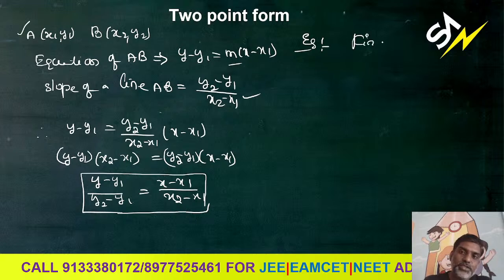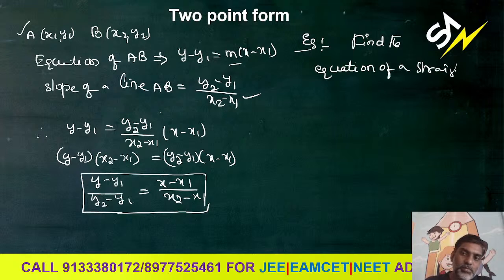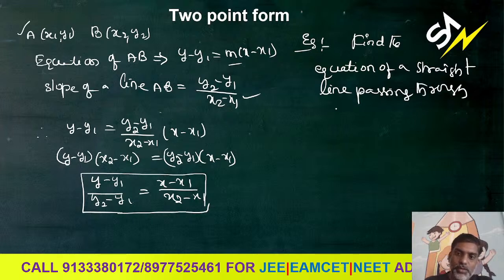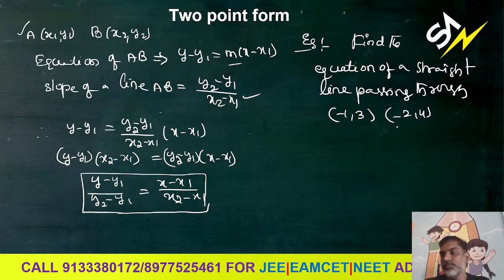Find the equation of a straight line passing through minus 1 comma 3 and minus 2 comma 4.